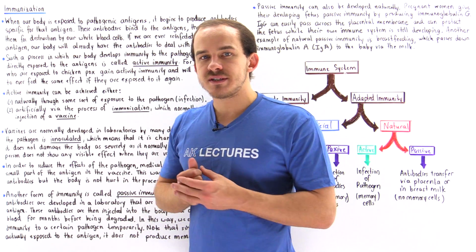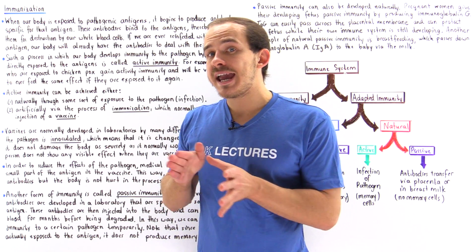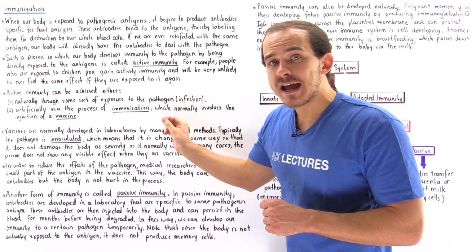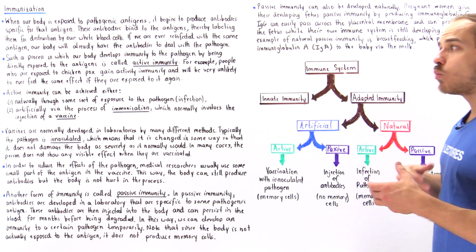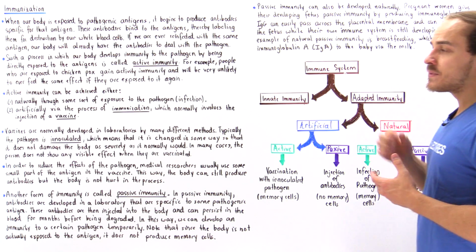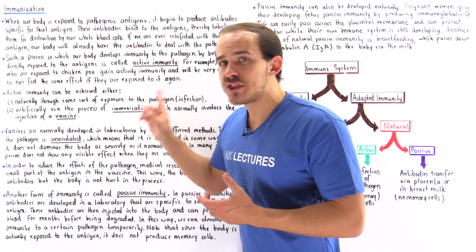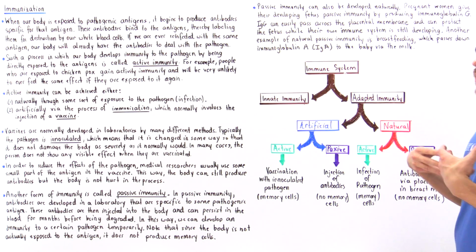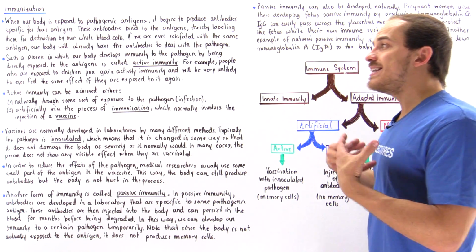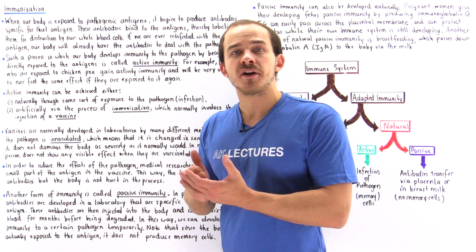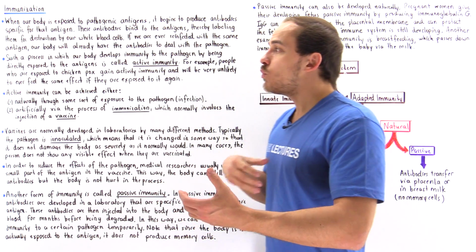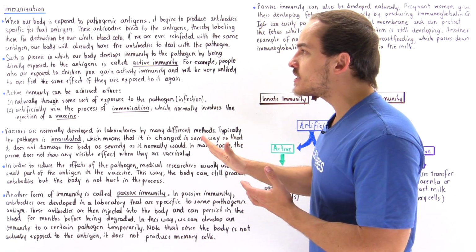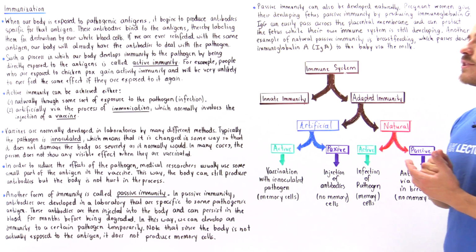And these memory cells contain a copy of the antibody that is specific to that antigen that infected our body in the first place. What that is useful for is if we are ever reinfected by that same pathogen that contains that same antigen, we have these memory B cells that can now initiate a very quick and very rapid response, and we actually won't feel the same exact effect that we felt the first time when we were infected by that pathogen.